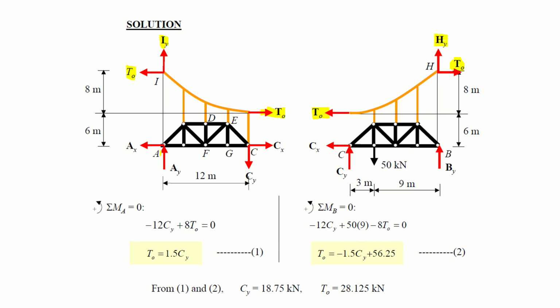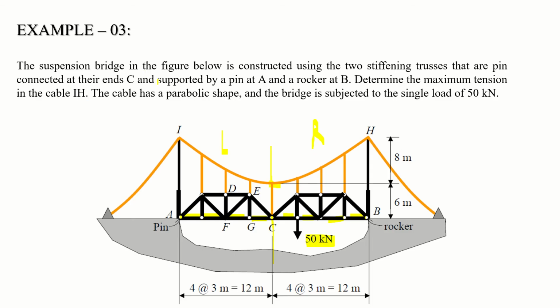Removing the supports, here was the roller support, so AY and AX, and here was the rocker support, so there is only BY, there is no horizontal reaction. Since point C was pin connected at their end C, right?